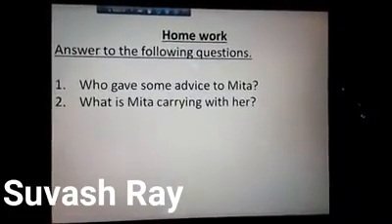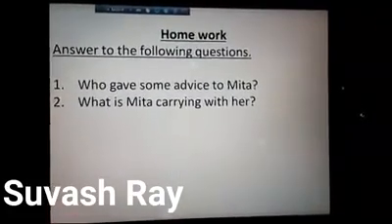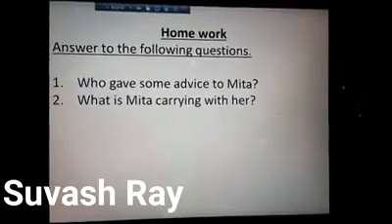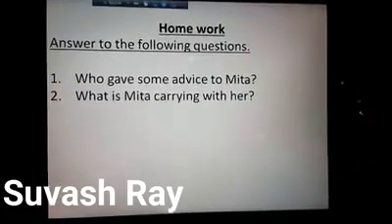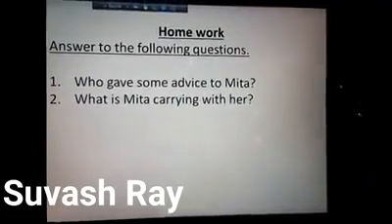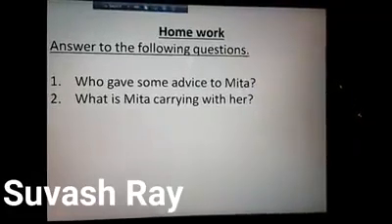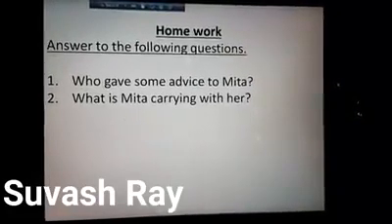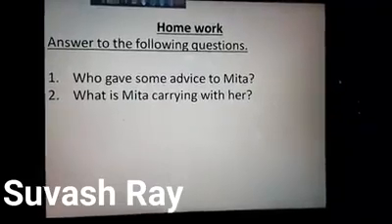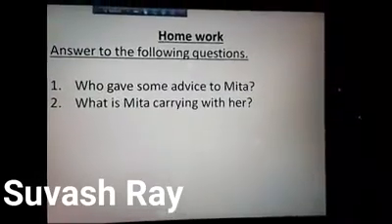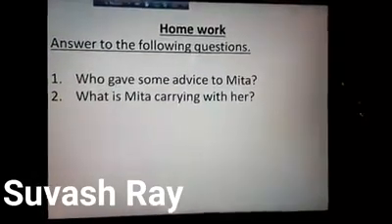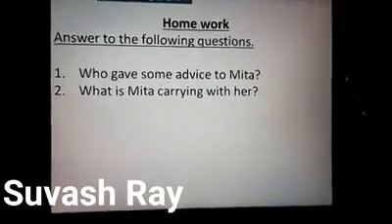Question number 2: What is Mita carrying with her? You can easily answer these questions if you read the passage carefully, learning the vocabs. I think you will be able to answer the questions very easily.